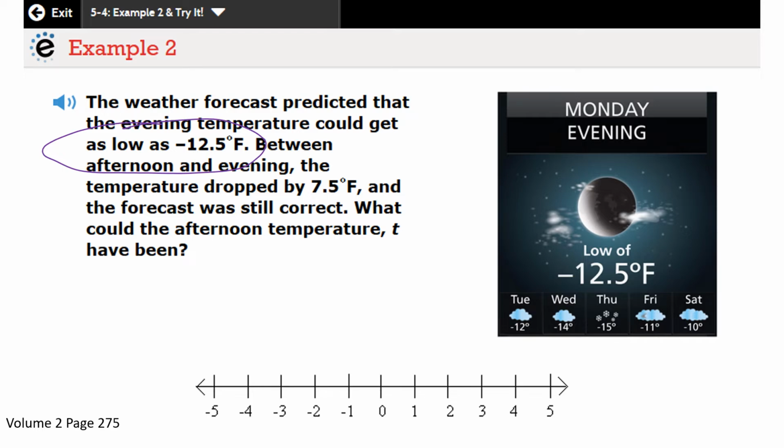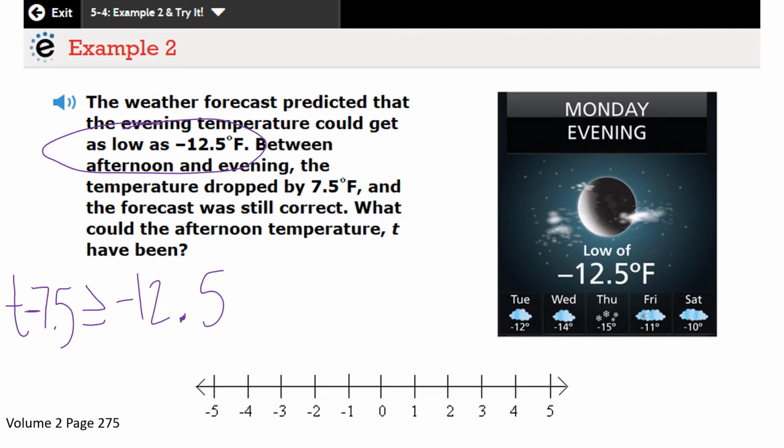So what that means is negative 12.5 degrees is the lowest it could be, which means that the temperature when it was dropping is still greater than or equal to negative 12.5, because the afternoon temperature drops 7.5 degrees, we're subtracting 7.5, and it is still greater than or equal to negative 12.5.